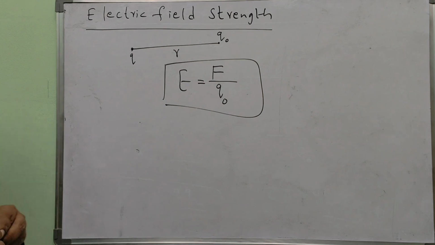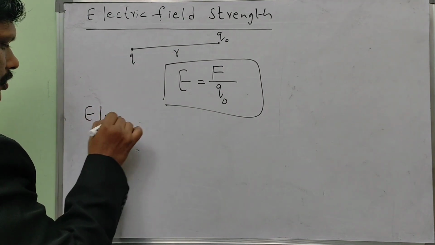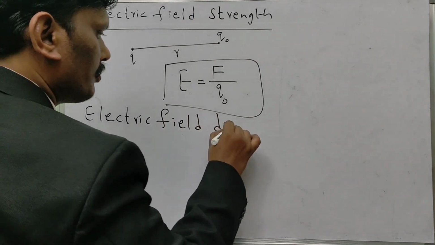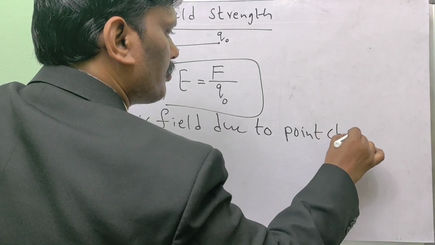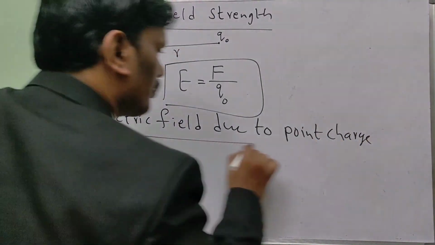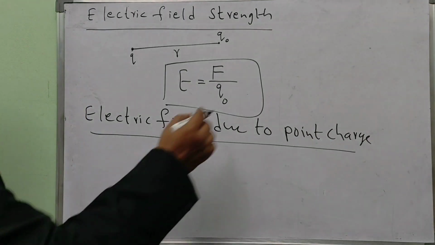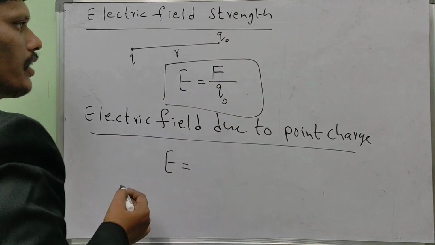Right. We are going to calculate the electric field due to a point charge. How to calculate? Let us see. Electric field due to a point charge. What is the force at this point on the unit test charge?